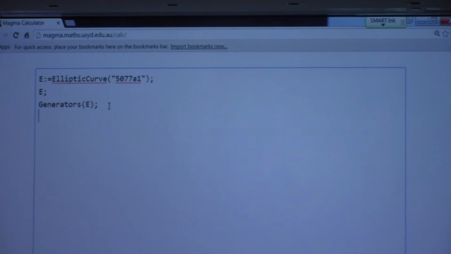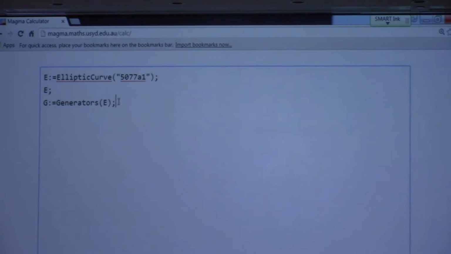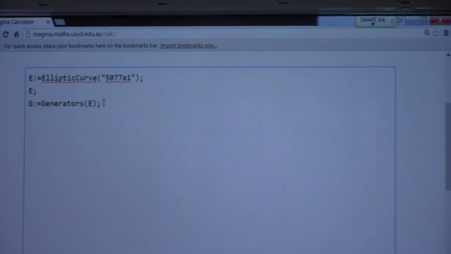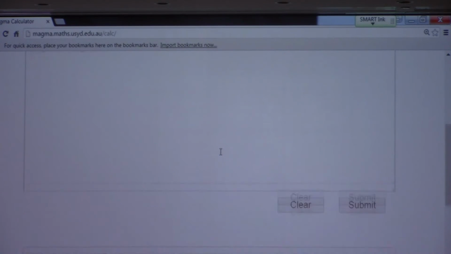Okay, so I have my generators. I'm going to call them G. And then I want to calculate the height pairing matrix of my list of generators.